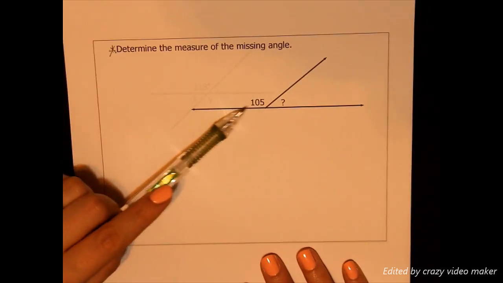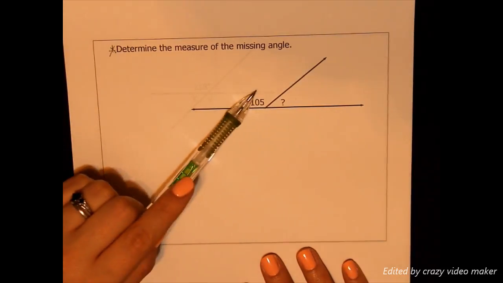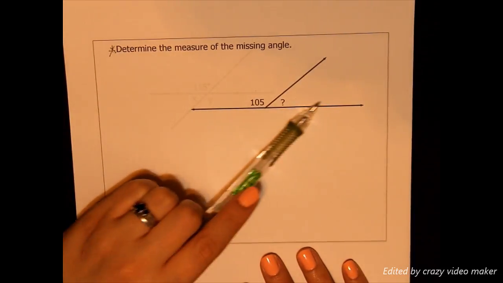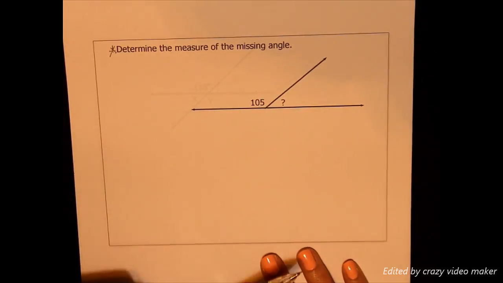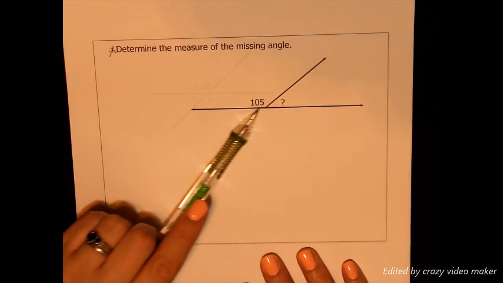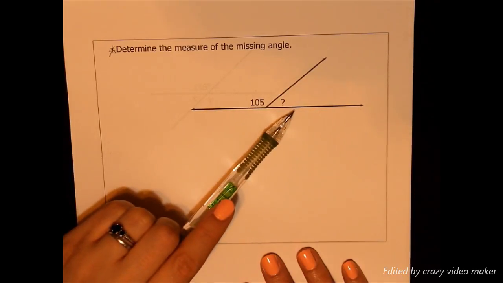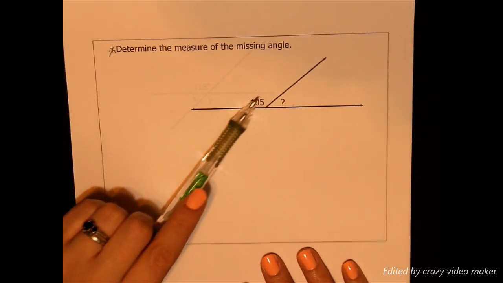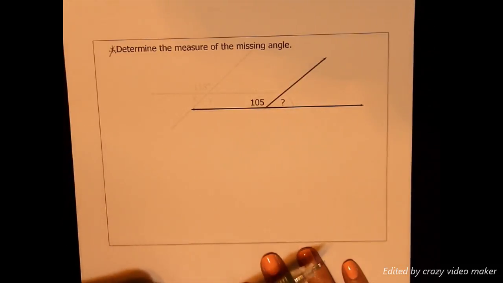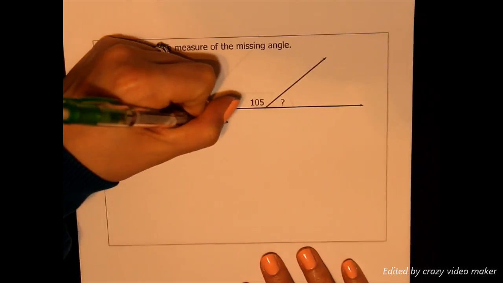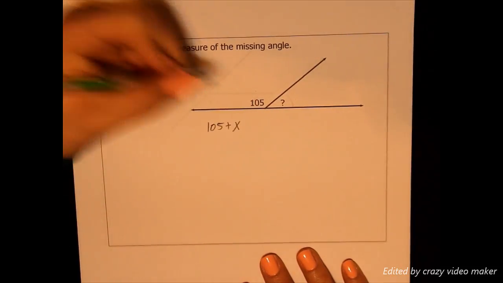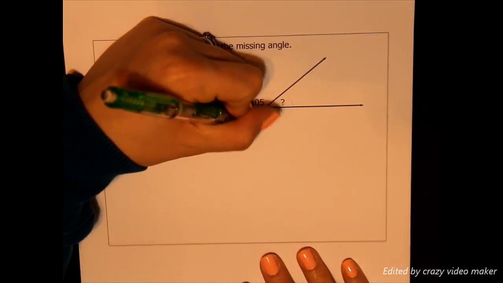If we look at this, these 2 angles, 1 and 2, they are a linear pair because they're adjacent, they share that side, and if you look, they form a straight line. So since they are a linear pair, that means that they are going to add up to be 180. So we have to say, okay, 105 plus what gives us 180?